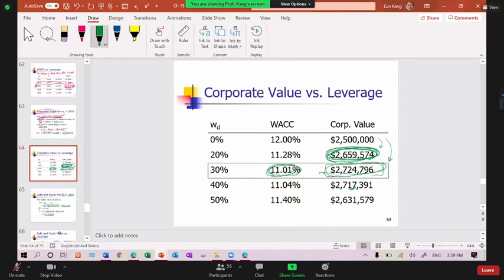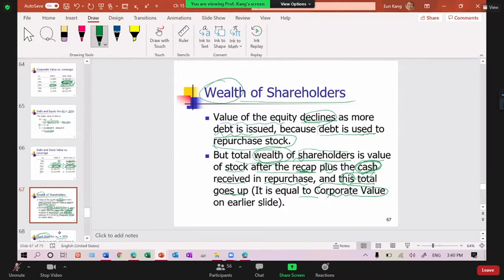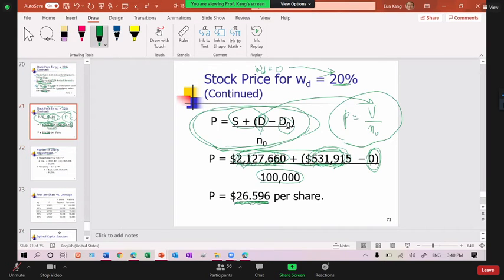Professor, is there a reason why you rounded up the stock value? Oh, actually, this one should be 26.60. Okay, rounding up like this. Oh no, I'm talking about the 2 million number above it. This one? Yeah.